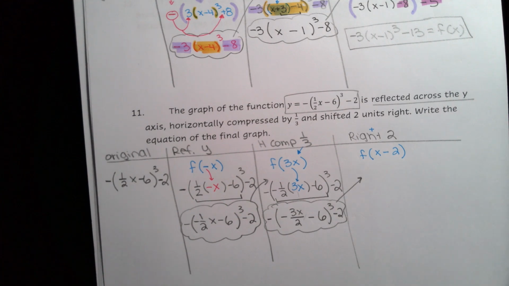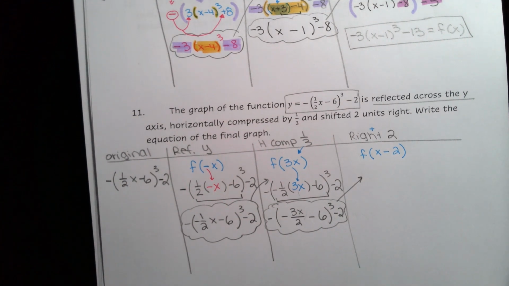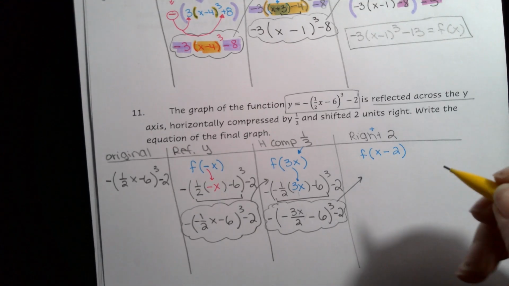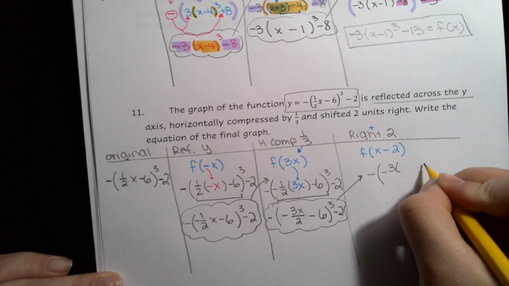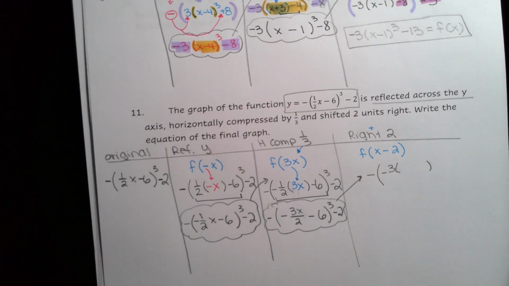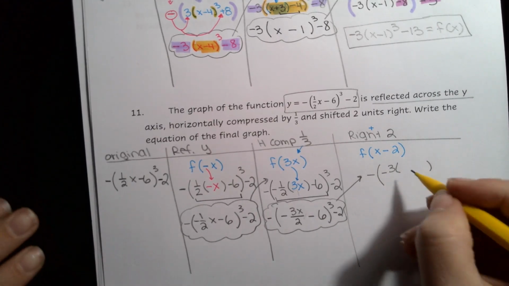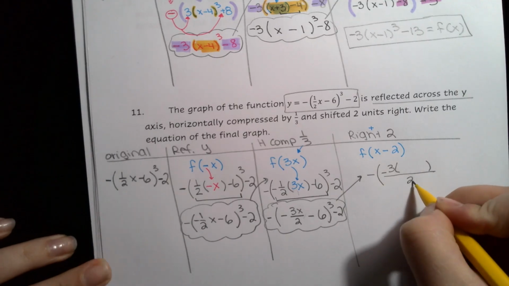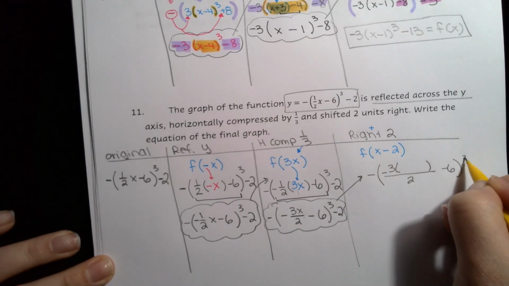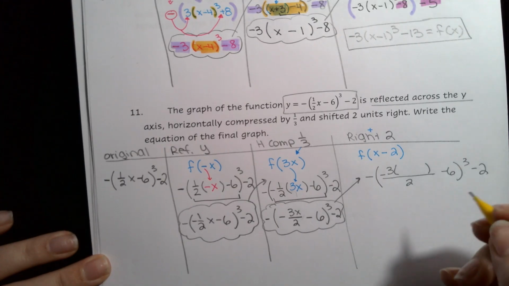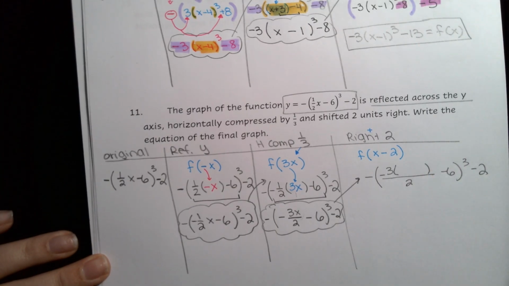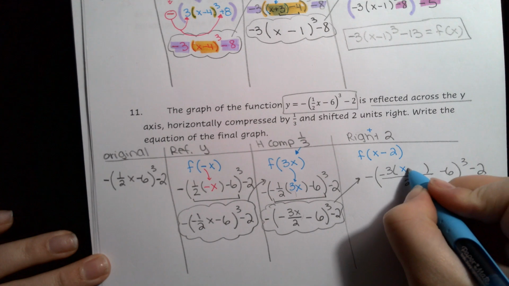And then again here, we're going to open up our function. So negative open, -3. We're going to open up x, and we're going to divide by 2. -6, cube it, -2. And again, we're going to put in this x minus 2.